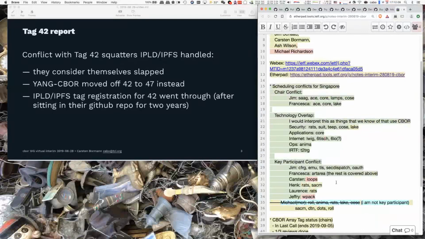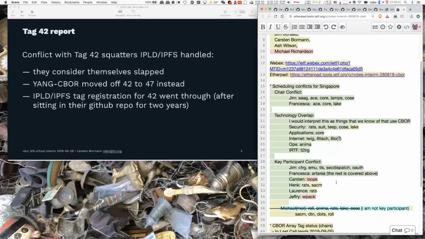He should be, and I think he's DNSOP. Yeah, that was the one that stopped him from being around in Montreal. Yeah, true. DTN, Michael. They use CBOR.